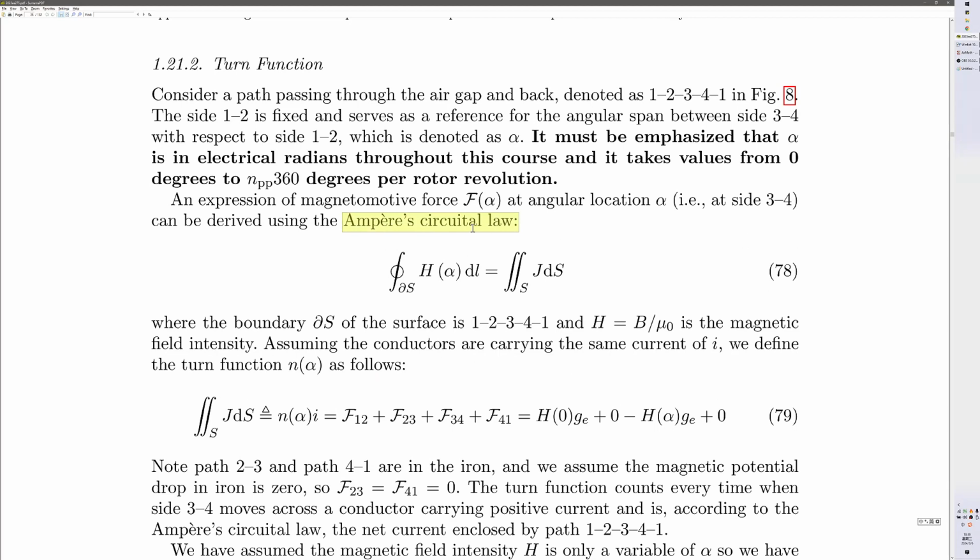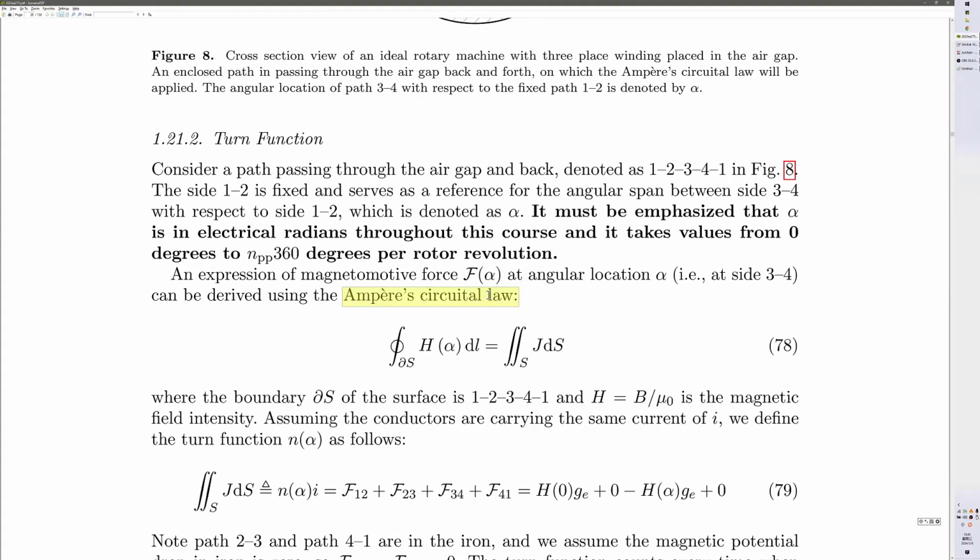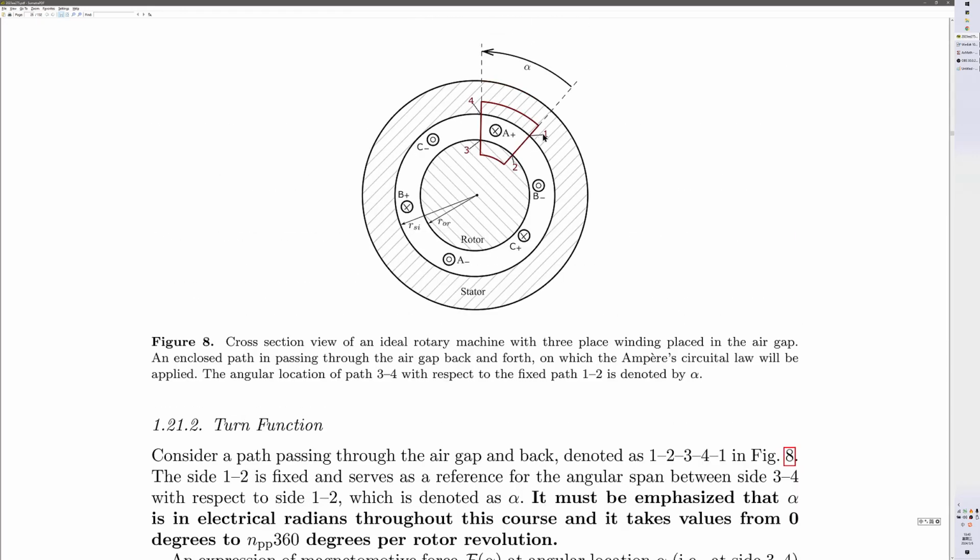To apply this law, we need a closed loop, which contains a surface area S. In our case, we have these four points.